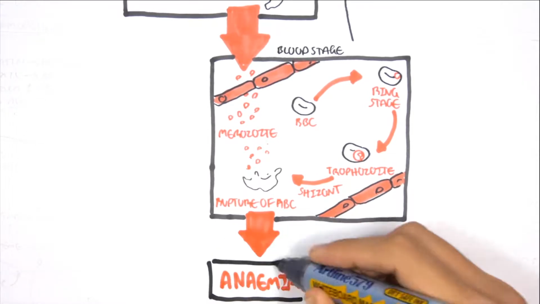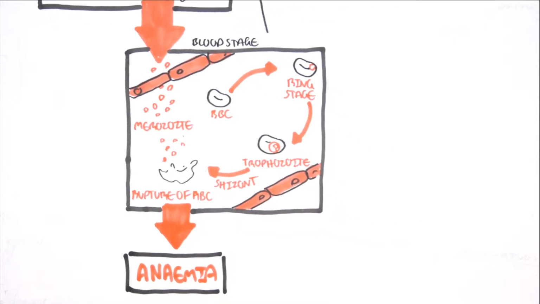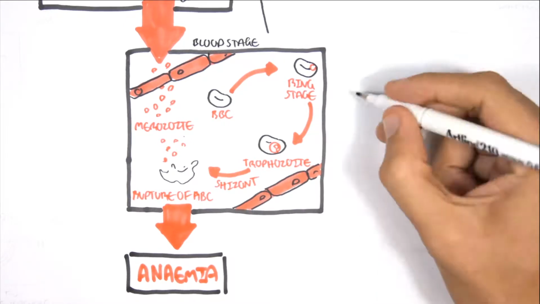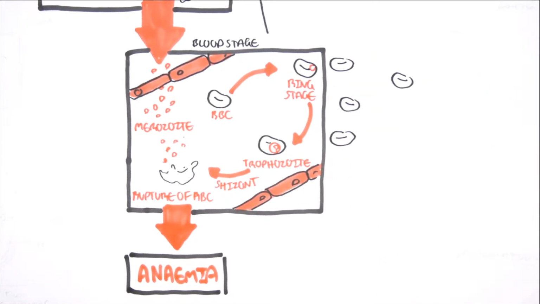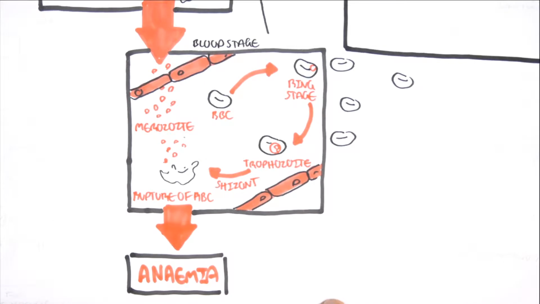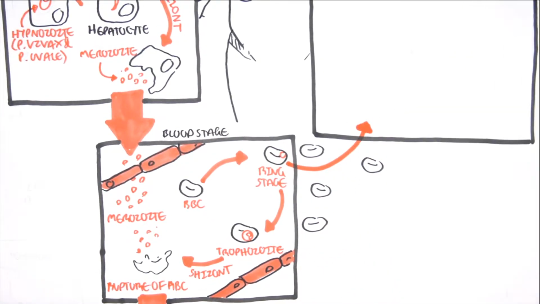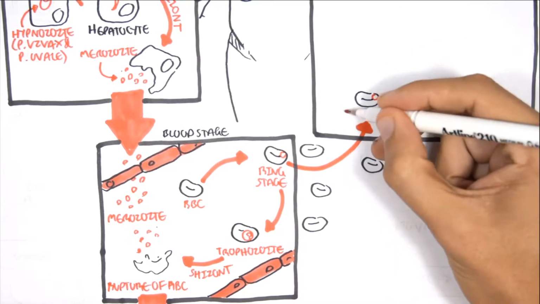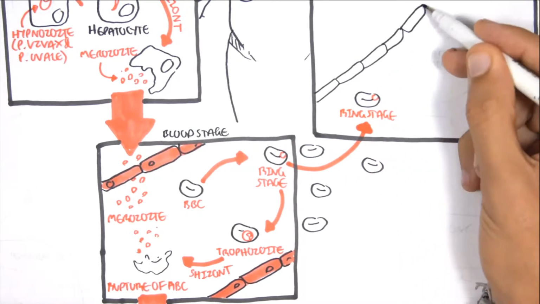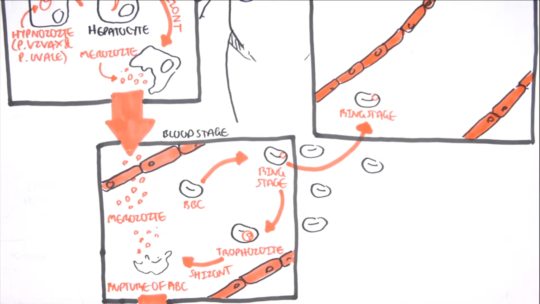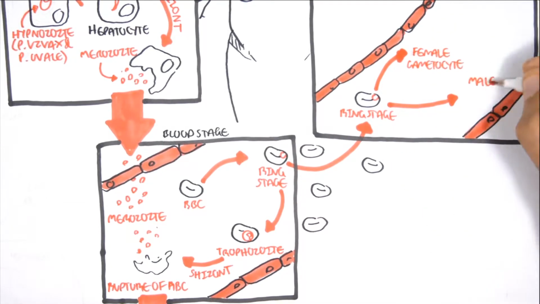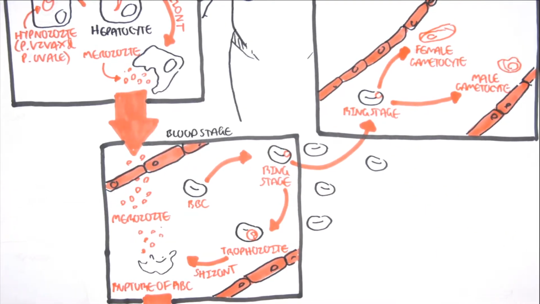The rupturing of the red blood cells is also coincidental with the clinical manifestations of malaria, which, as we know, are the fever, rigor, chills, tremors. Now, going back to the ring stage of the parasite's life cycle, which is in the red blood cells, the parasite can also enter a sexual cycle where it can become a female or male gametocyte.